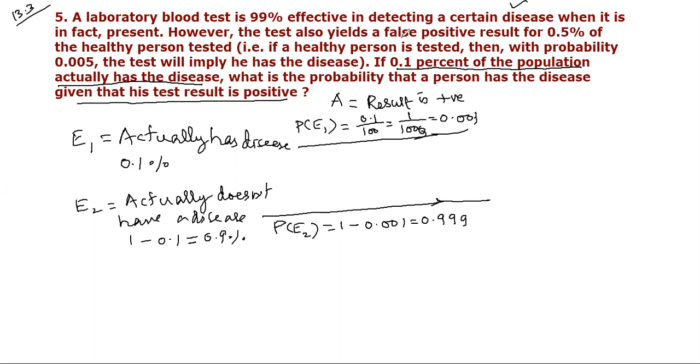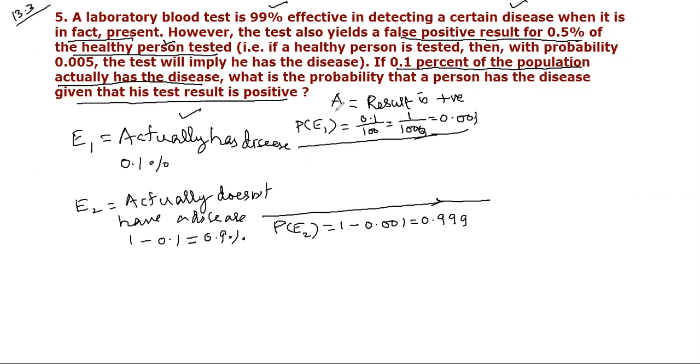The test yields a false positive result for 0.5% of the healthy persons tested. Healthy person means one who does not have the disease, and a false positive result means a positive result though they are healthy. The test is 99% effective in detecting a certain disease when it is in fact present.